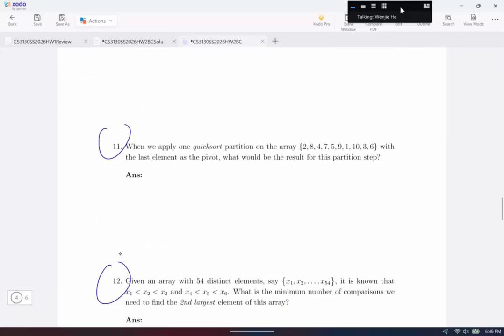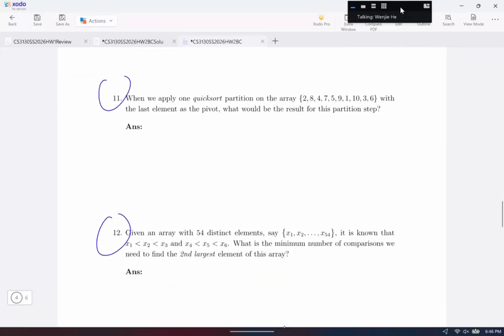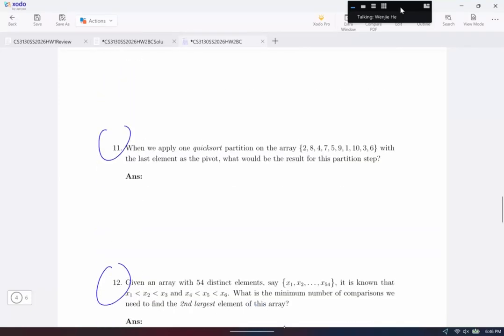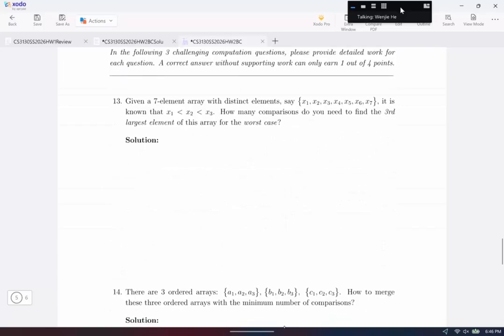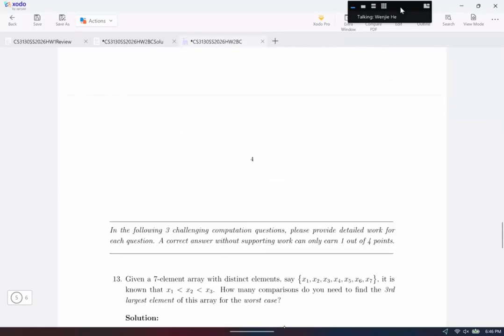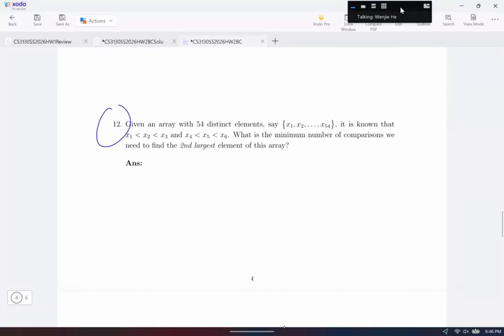Just study my solution file. Now, we have 3 challenging questions left. Let us take a break. When you come back at 7, we complete the remaining 3 questions. All right?